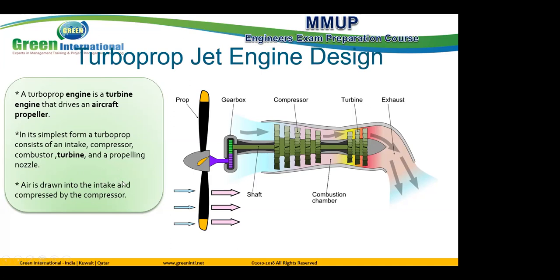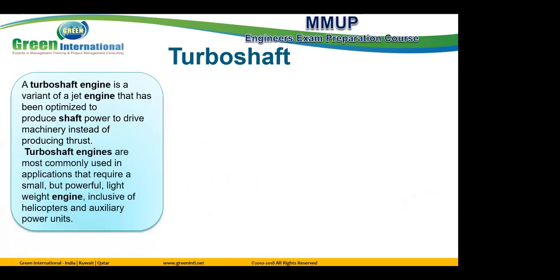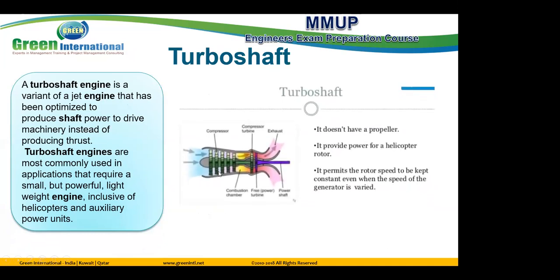Last one, turboshaft. The turboshaft is a variant of the jet engine that has been optimized to produce shaft power to drive machinery instead of producing thrust. This is its shape, like this. Normally we use it for helicopters.